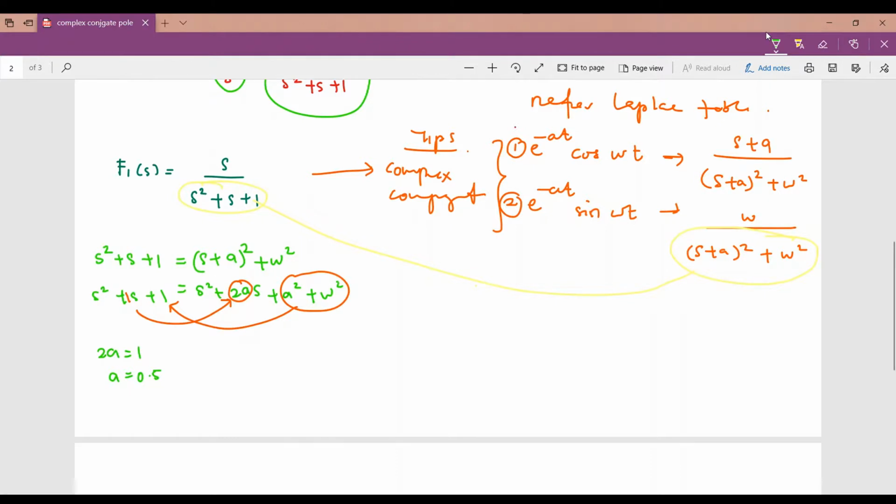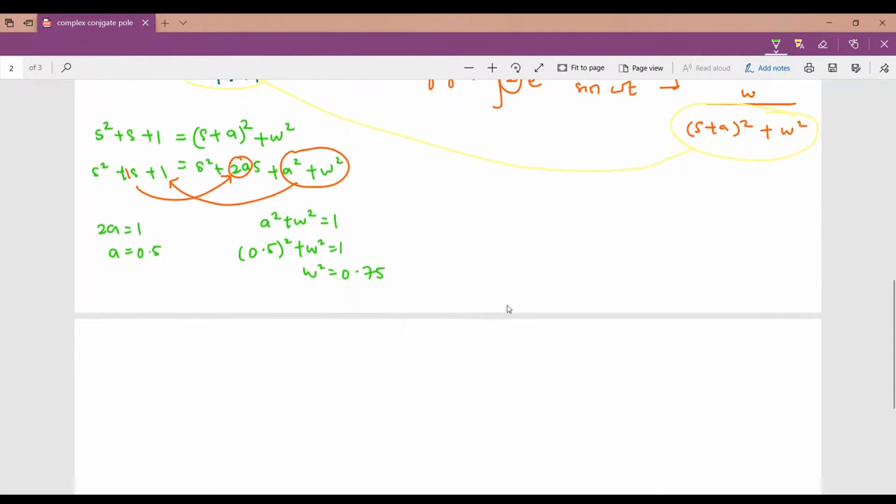Then a square plus omega square is equal to 1, so 0.5 square plus omega square is equal to 1, so that I will get omega square is equal to 0.75.